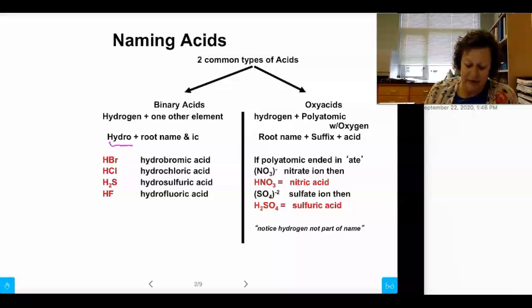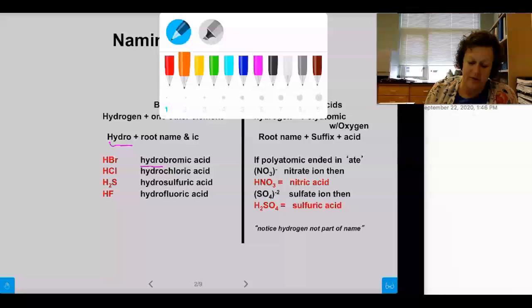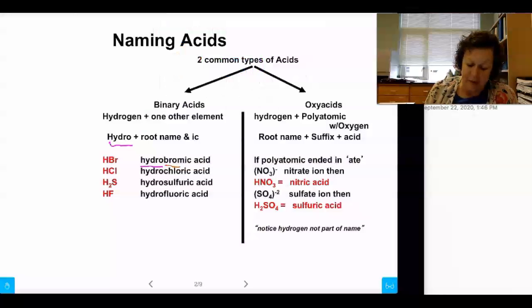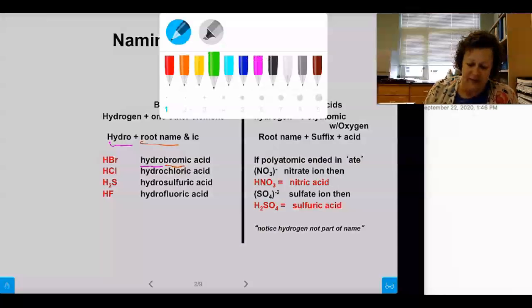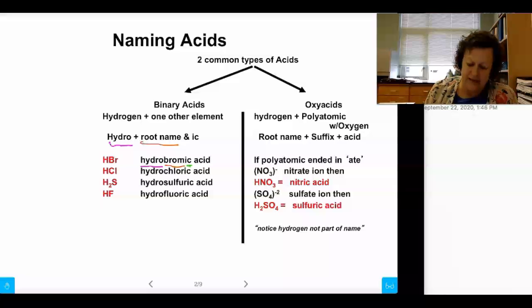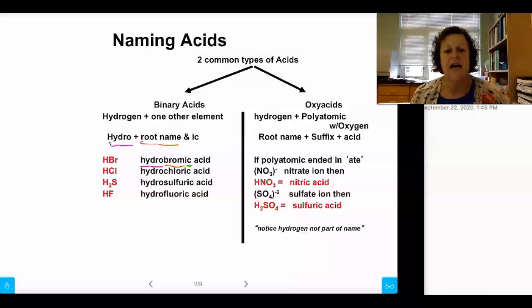So you've got hydrogen and bromine. So you have hydro, and then bromine is the root name. Drop the ine, add ic, acid. So hydro, root name, plus ic, acid. HCl, hydrochloric acid.